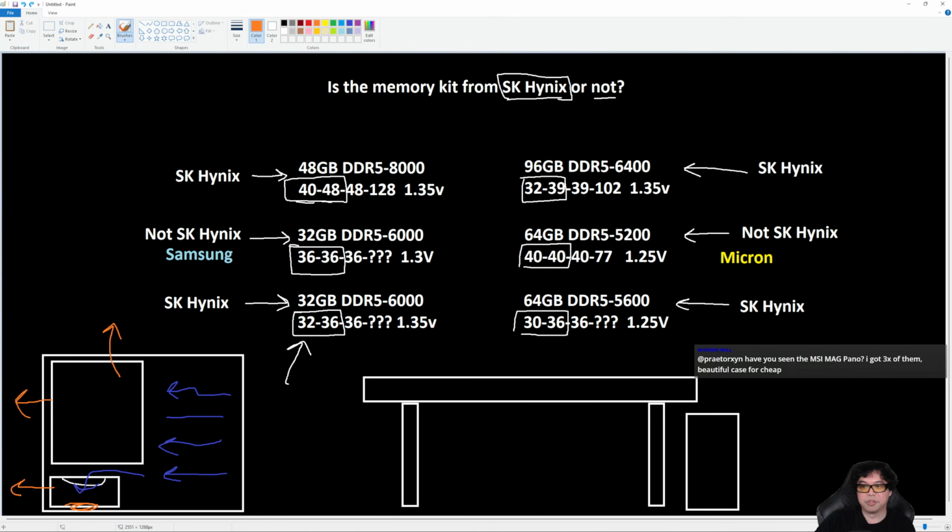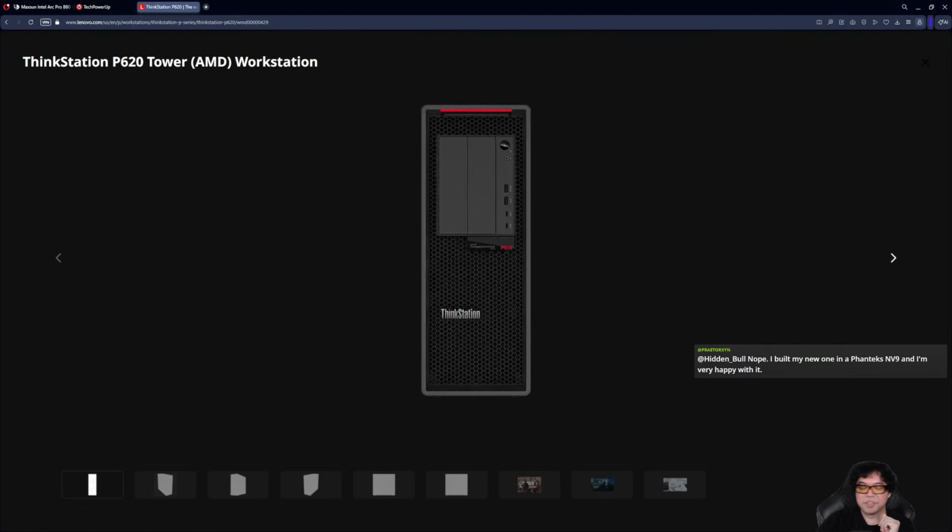I kind of like the pre-built workstation computers, though. I like the design of them. This is the type of computer case that I like.